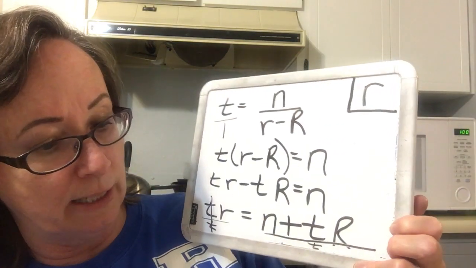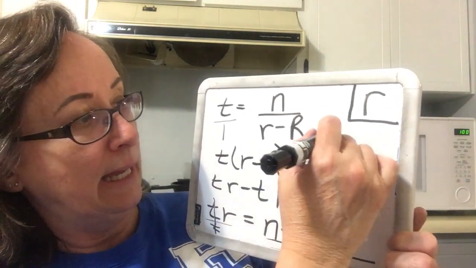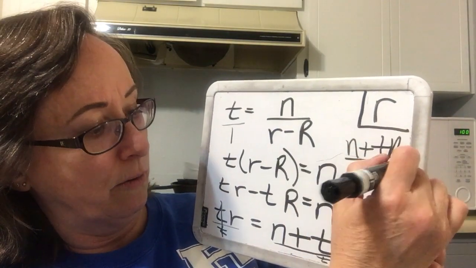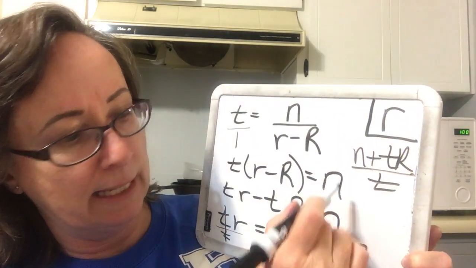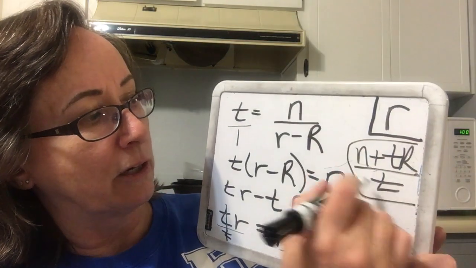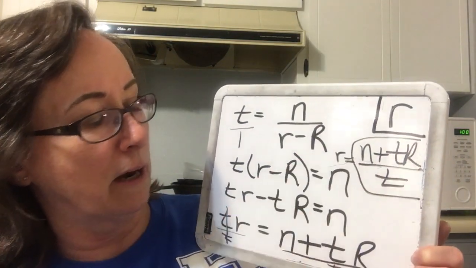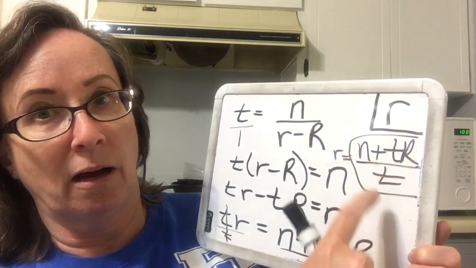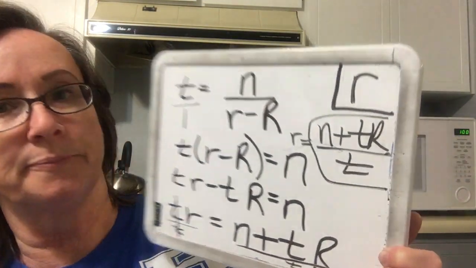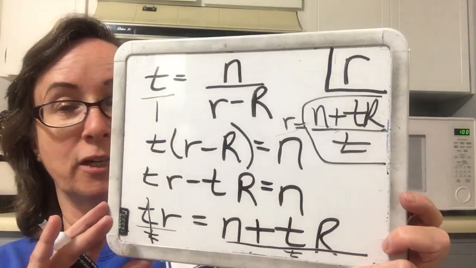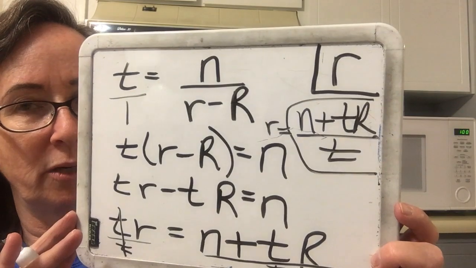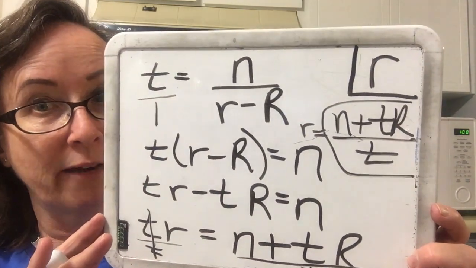But the answer is going to be n plus t big R over t. And that is the correct answer for little r. So I've solved the equation for little r, so if I had 50 problems to do, that would save me a lot of work.